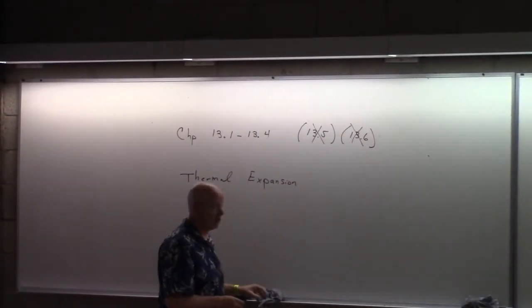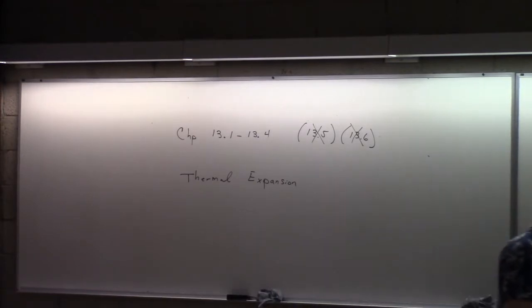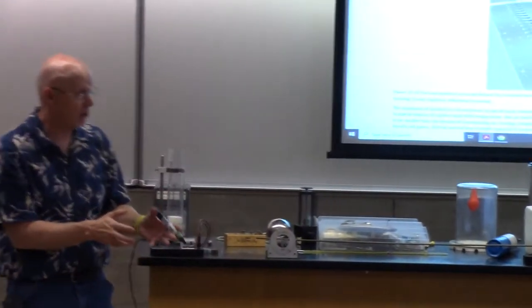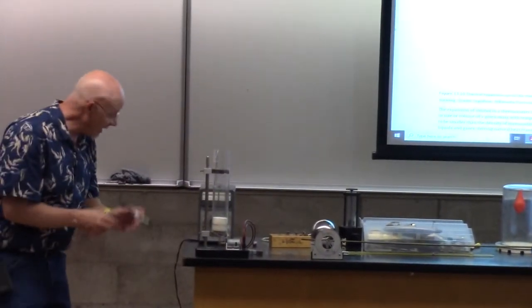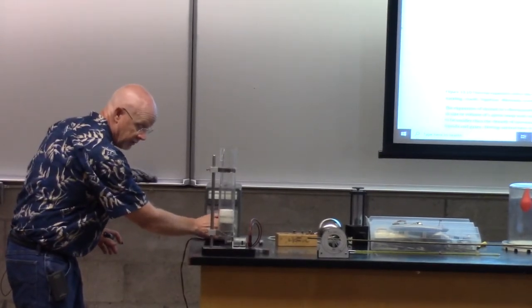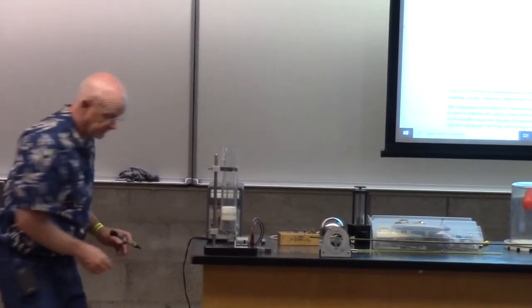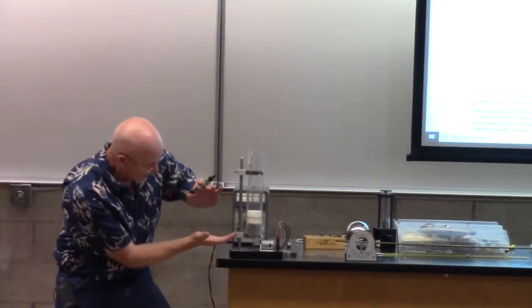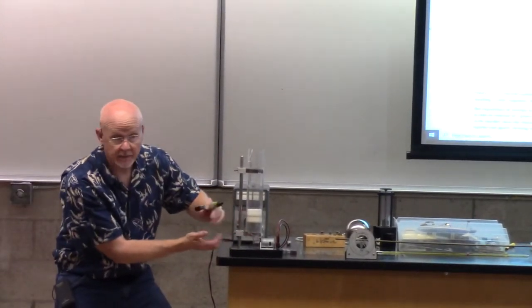Thermal expansion. The difference between something cold and something hot is the amount of motion of the molecule. And so if you start with something that is cold, it'll take up a certain length.